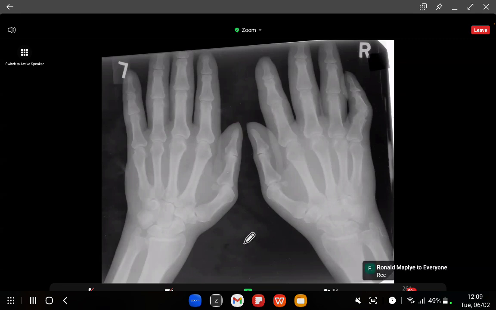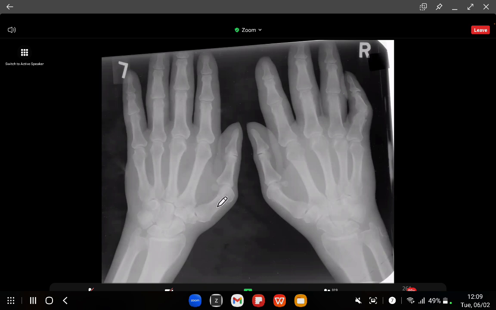Okay, what have we got here? It looks a bit like HPOA, and to be honest with you, if you said this was HOA in the exam, I would have to agree with you. But in fact, it's thyroid acropathy.